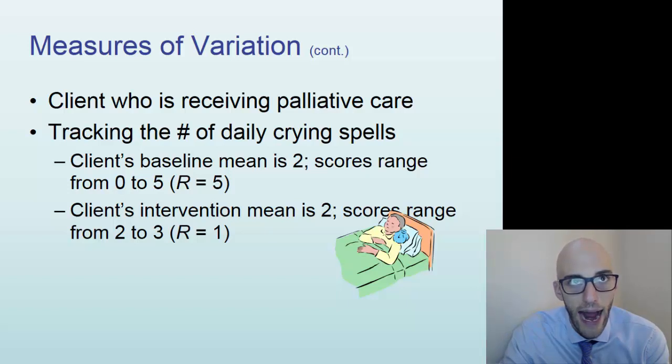So even though the average number of crying spells is the same, there's some mood stability going on here, because some days during the baseline she would go days in a row with no crying spells, and then some days just be completely despondent, versus during the intervention phase it's a lot more predictable and there's some mood stabilization going on here.